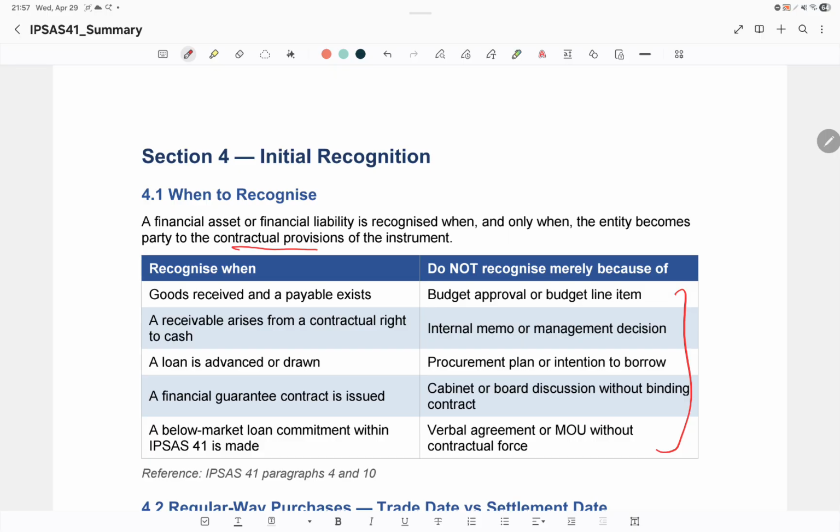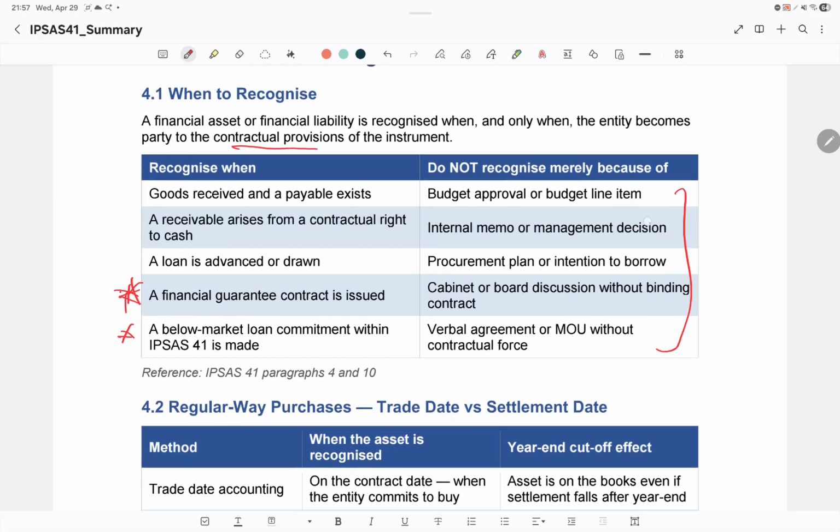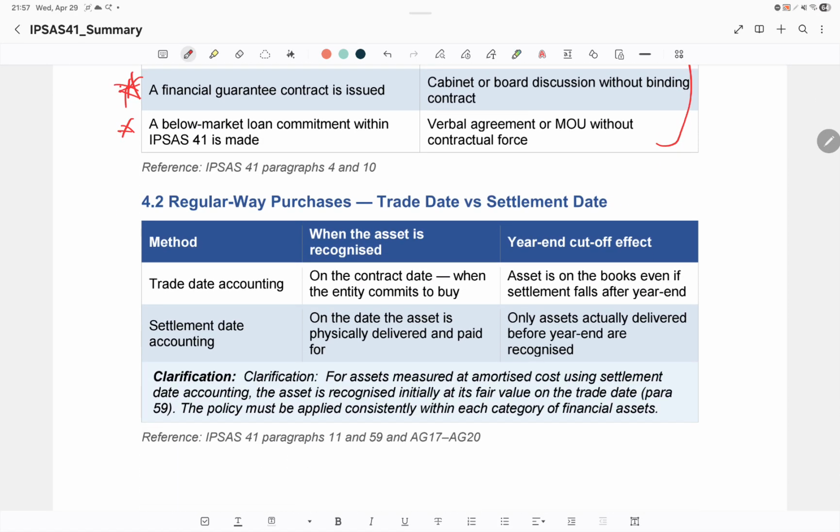A below market loan commitment is within IPSAS 41. So these are some of the gray areas which we need to look at in our future iterations. A below market loan commitment within IPSAS 41 is met. So there is the regular way purchase.